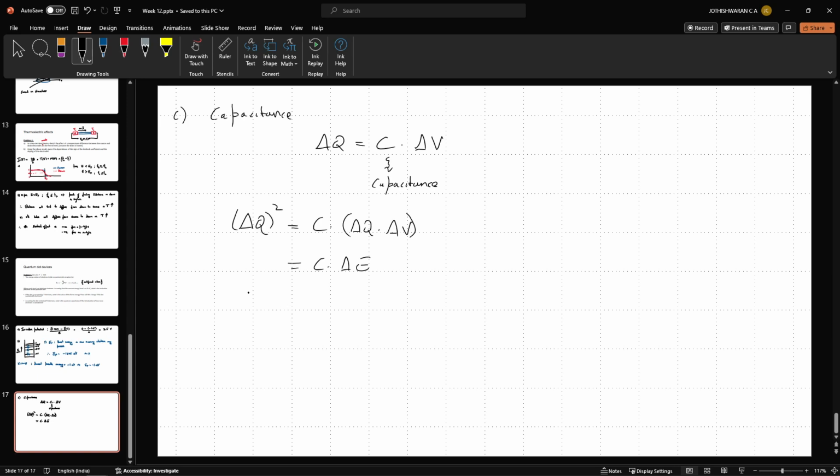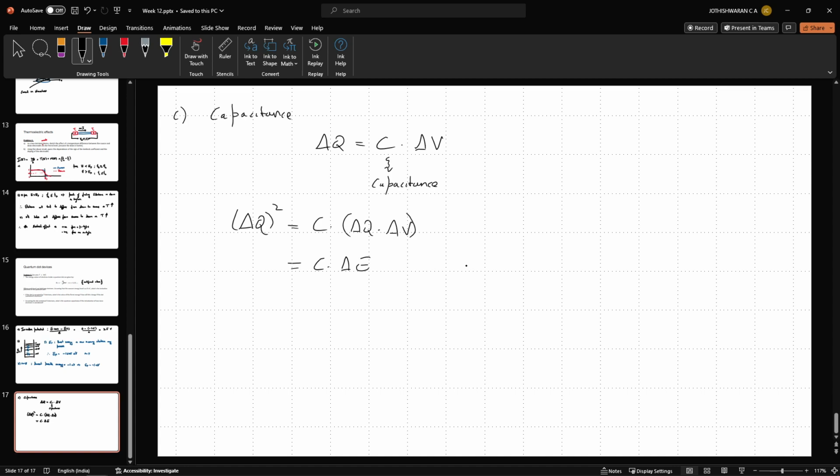So this is where we get the definition that capacitance is essentially this divided by Q squared, like the total energy divided by the energy change. What I will do is consider the energy change: delta E is Q squared by 2C.